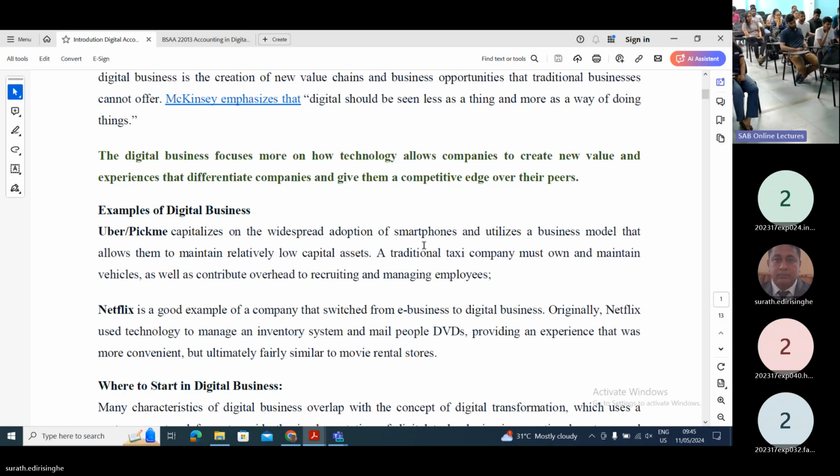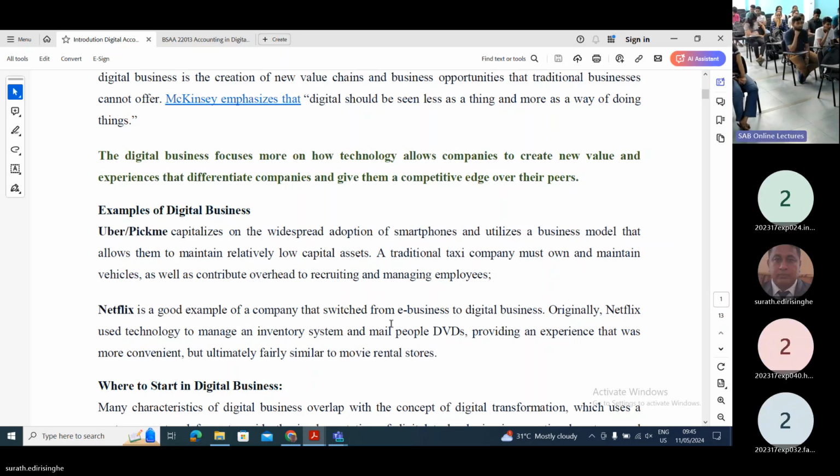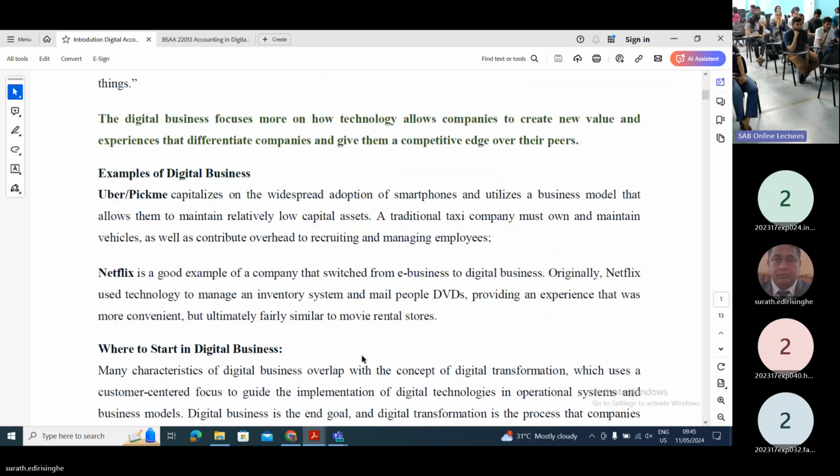In the end, the total business was converted to the online platform. Netflix: providing experiences that were more convenient, but ultimately fairly similar to movie rental stores. This is the Netflix example.